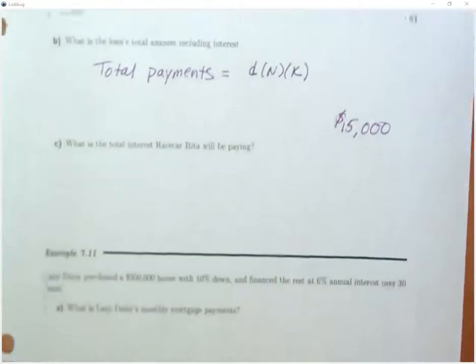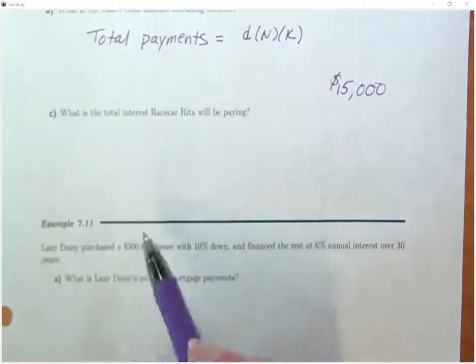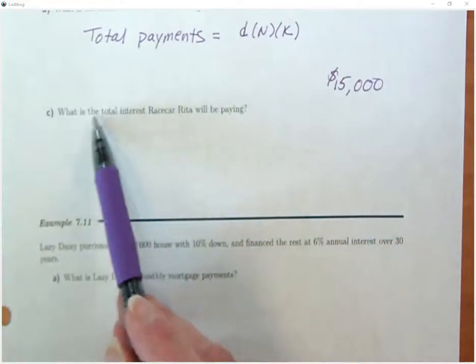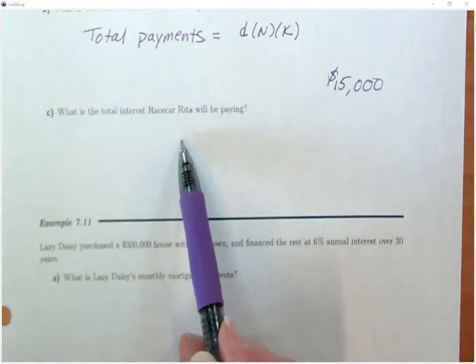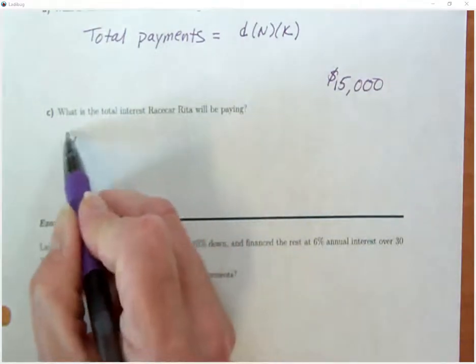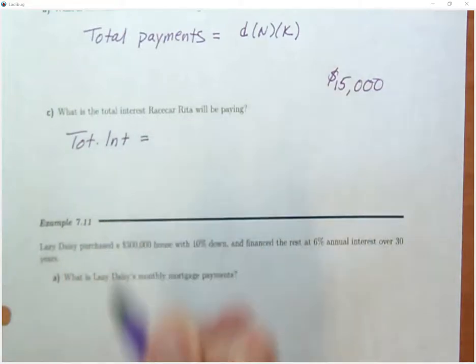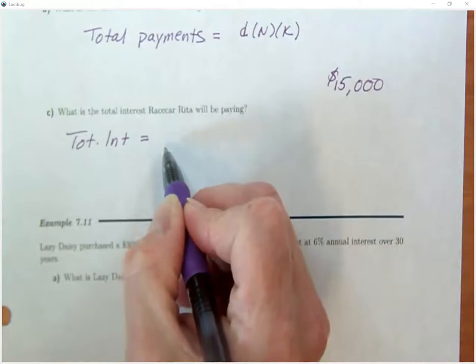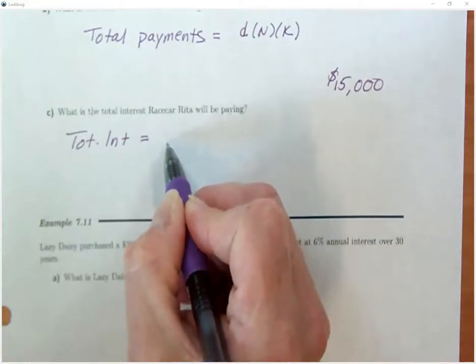But you're going to write out the steps. So even if you type in a calculator, show me a few things, what you're typing in, put the numbers there. And then what is the total interest that Race Car Rita will be paying? So I'll write you a little formula here. Total interest, it's kind of reverse what we were doing in the previous section there with the annuities, the future value.